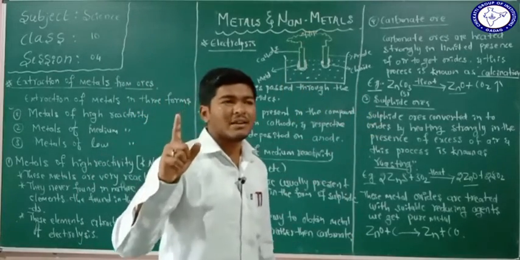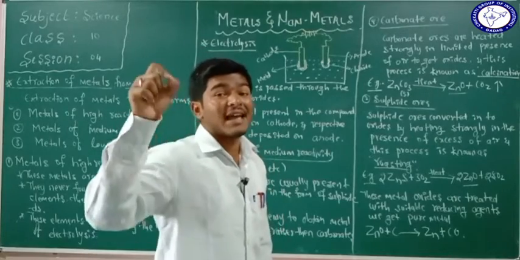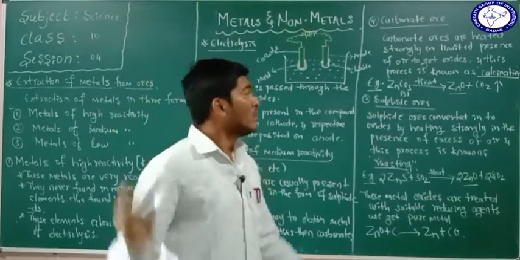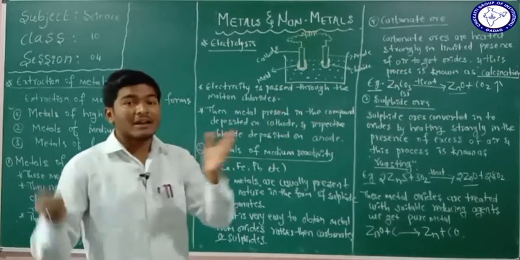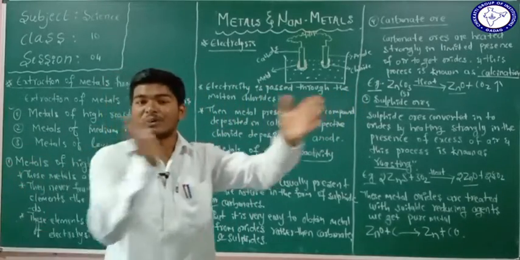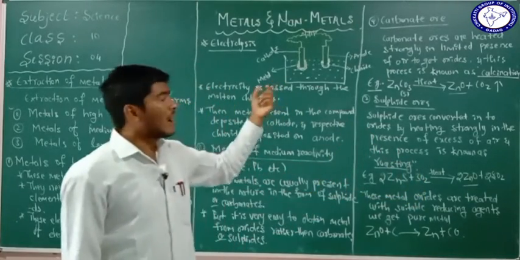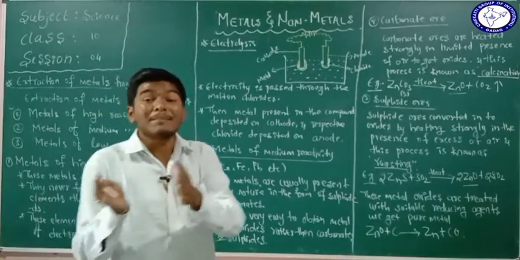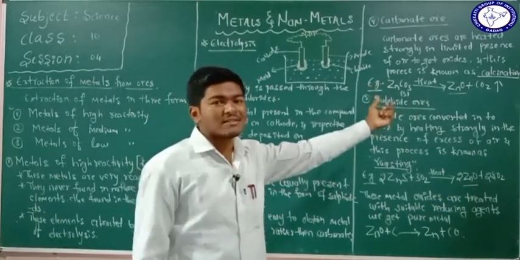You have to remember here, in your examination a 2 marks question may be asked: what is calcination? Give an example. Calcination is the process of conversion of carbonate ores into oxide ores. What is this process? The carbonate ores are heated in a limited presence of air to get the oxides. This process is known as calcination.